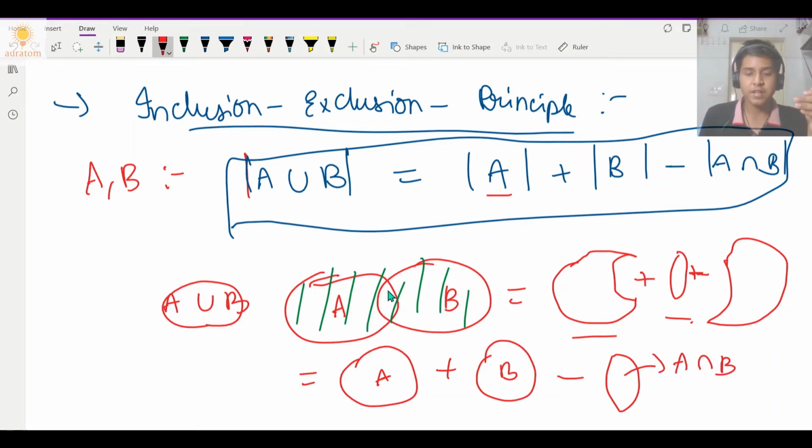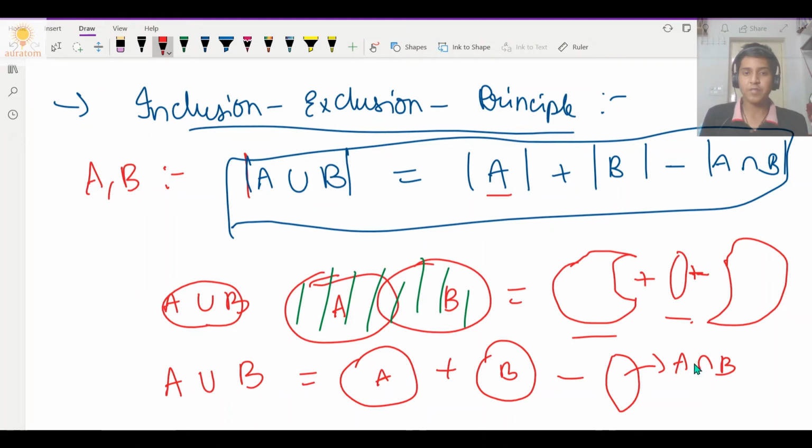This part here is the common part in A and B. Then if this is A and this is B and this is A union B and this whole thing is A intersection B, then we proved the inclusion exclusion principle, right? The inclusion exclusion principle will be A plus B minus the common part of A and B, which is A intersection B. That's how we can intuitively understand the inclusion exclusion principle.